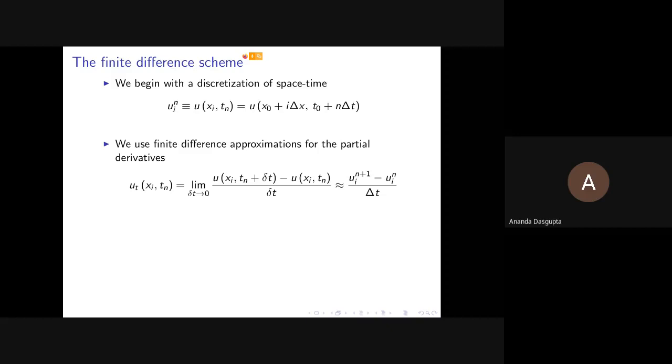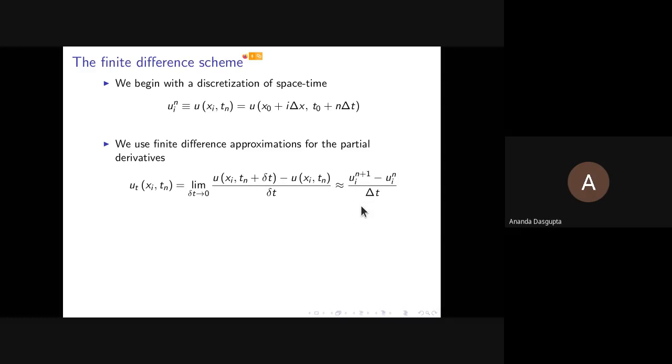So what you are doing is you're approximating this not by u at an infinitesimally close time after t_n. I'm going to approximate this with the next time step value. So u at x_i, t_(n+1), that is u_i^(n+1) minus u_i^n divided by delta t.